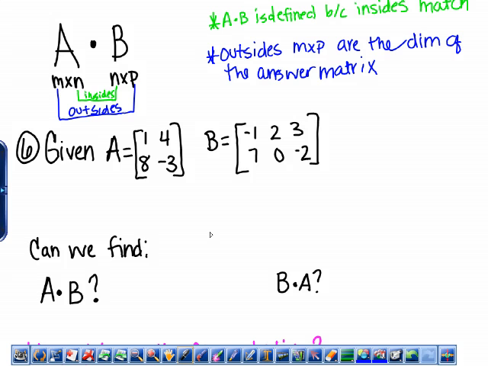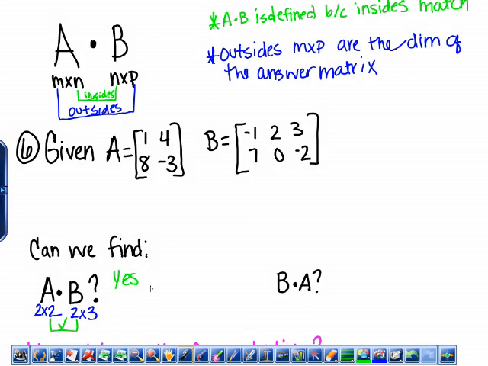First let's think about A times B. What are the dimensions of A? 2 by 2. What are the dimensions of B? 2 by 3. First you compare the insides. 2 by 2. Do those match? Yeah. So if they match, that means that yes, we can multiply them.